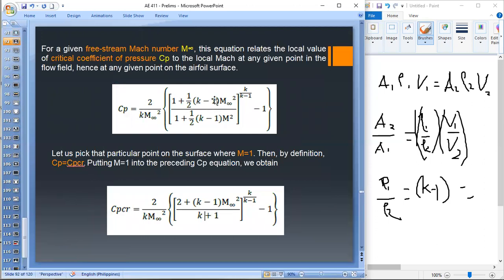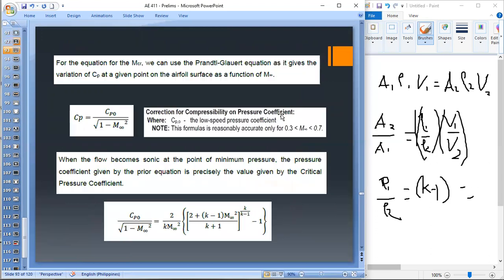Kasi hindi ba maalala ito sa temperature natin? So CP, from dito lang siya galing. Sobrang tagal niyang i-solve. Like this one, kung paano hanapin yung Mach number, gusto niyang i-try. Pwede naman, pero sobrang haba niya.